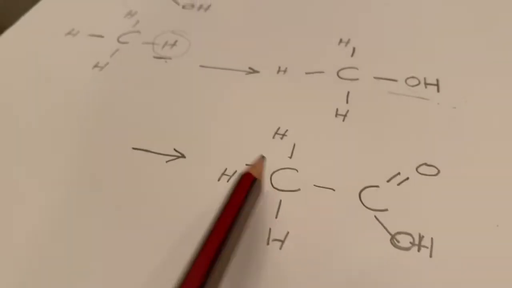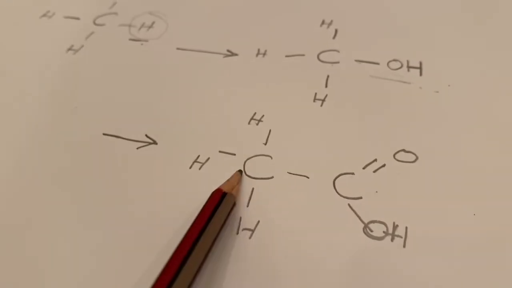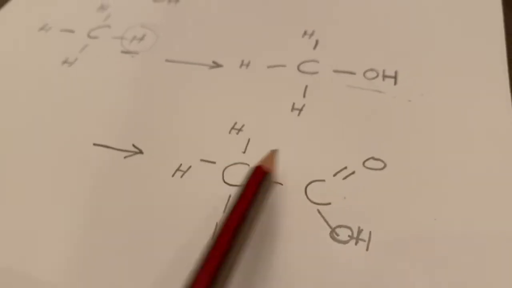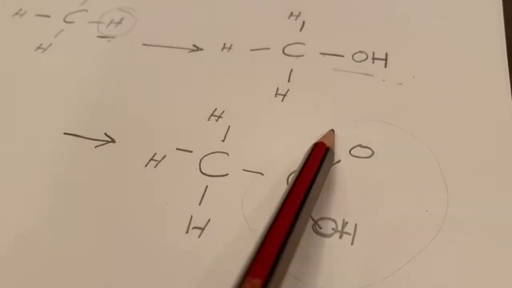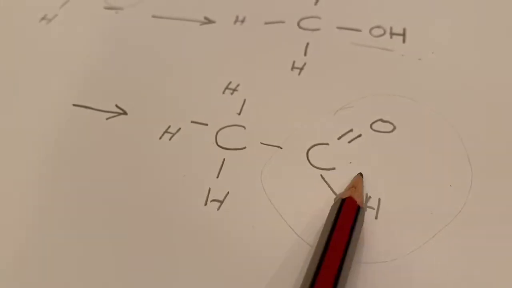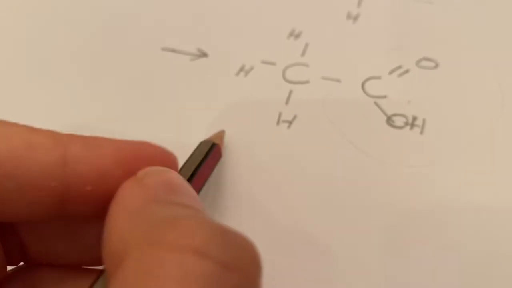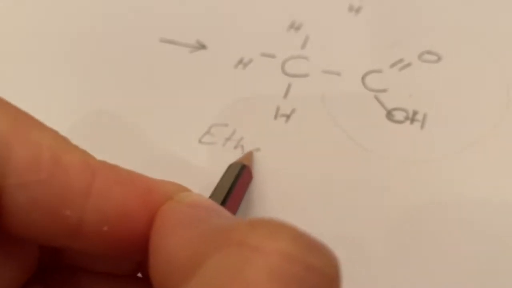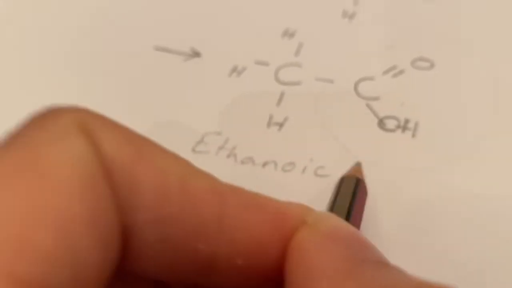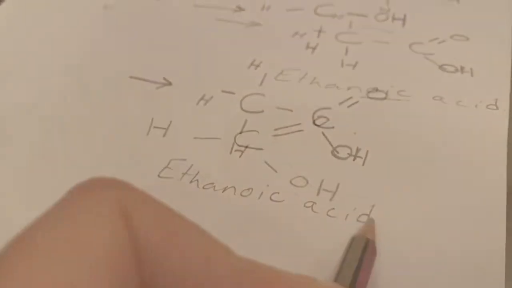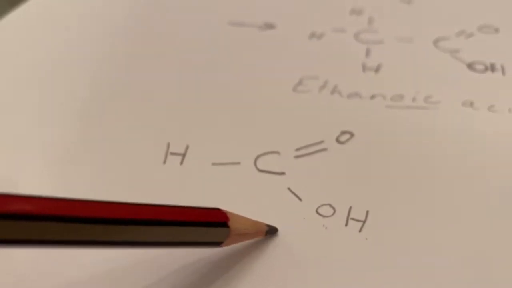Now this hydrocarbon has 2 carbons and it has a carboxylic group. Now this is called ethanoic acid. Ethanoic acid.